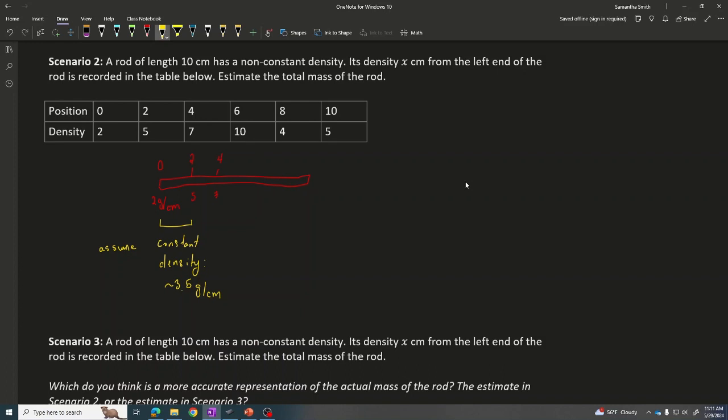I would say the mass of this little chunk of rod is going to be approximately the density of that little chunk, which I have assumed to be approximately 3.5 grams per centimeter, multiplied by the length of that little chunk, which would be from 0 to 2, about 2 centimeters.